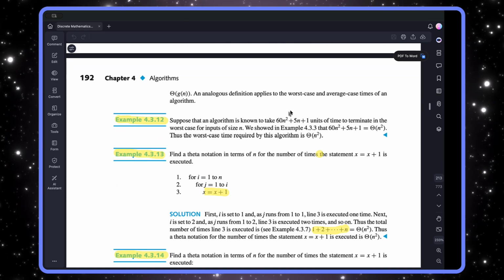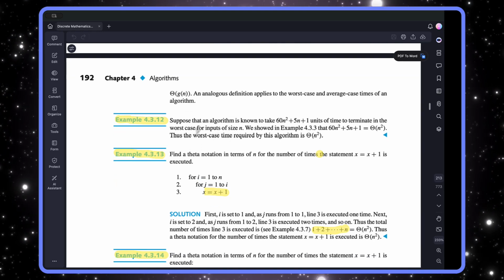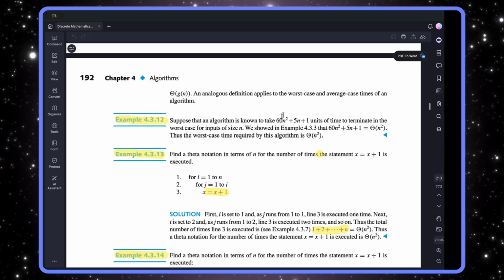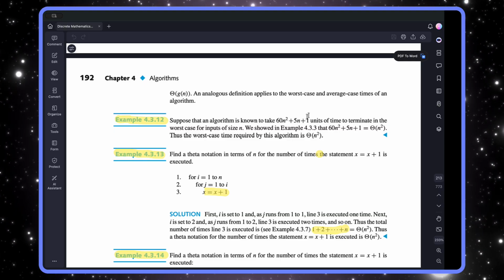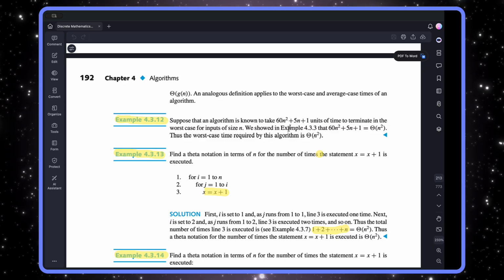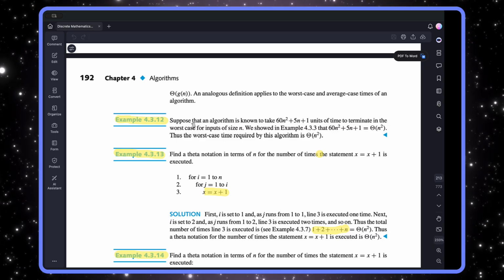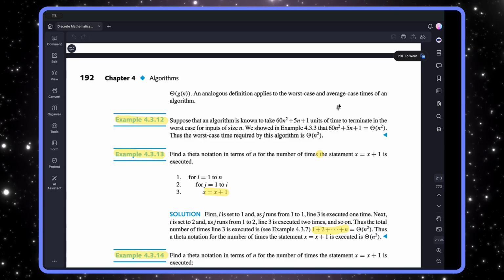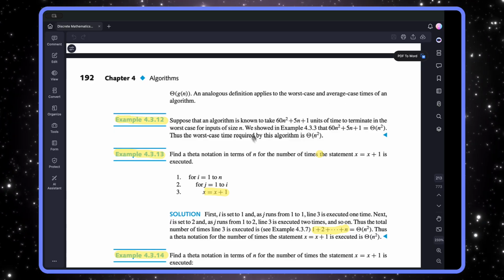So let's take a look here. Here's our example. Suppose that an algorithm is known to take 60n squared plus 5n plus 1 units of time to terminate in the worst case of the input of size n.